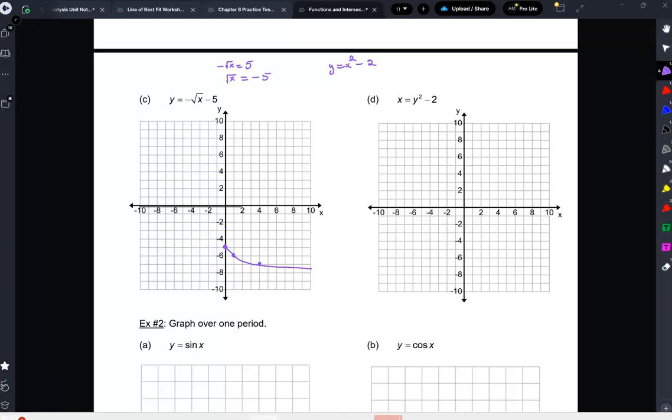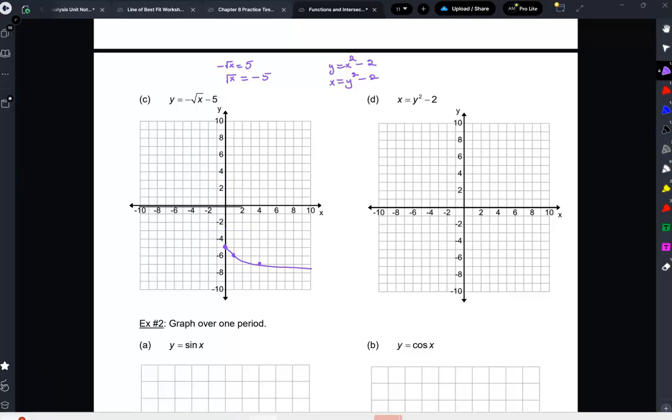Now this is x equals y squared minus 2. What have we switched here? The x and y. What happens when you switch x and y? It's the inverse. What does the inverse of a parabola look like? A square root. It's a sideways parabola.